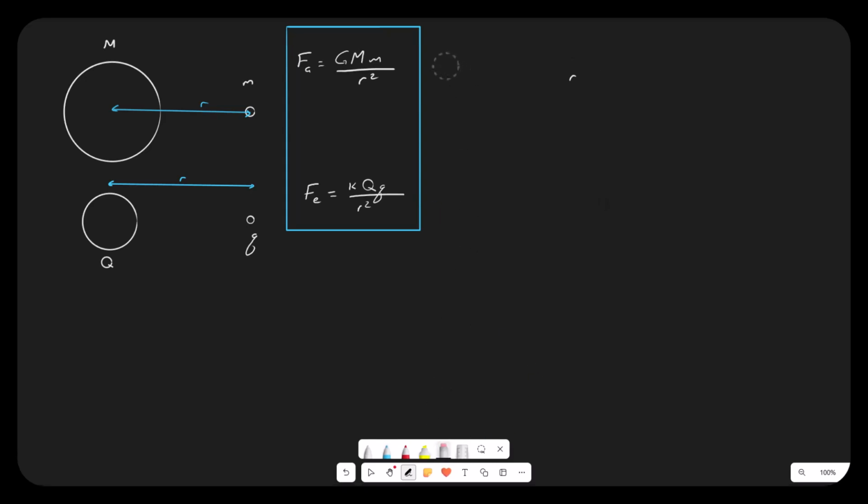With masses, anytime we had two masses, they had the same sign, right? We didn't talk about negative masses. That wouldn't make a whole lot of sense. But with charges, we're not limited to that. We can have negative charges.